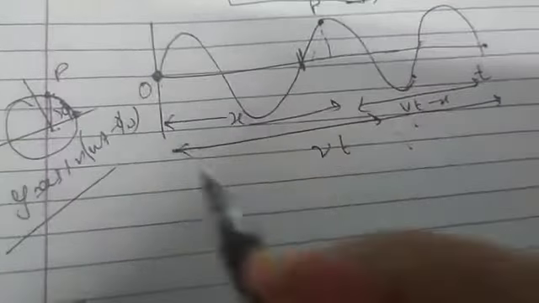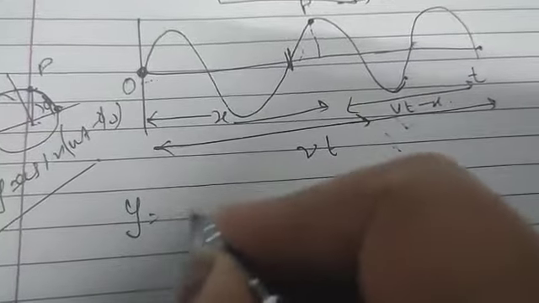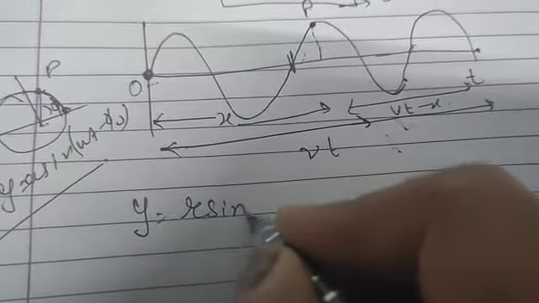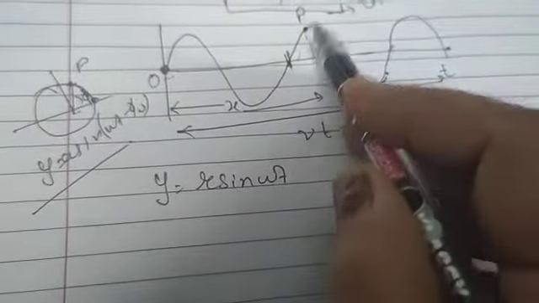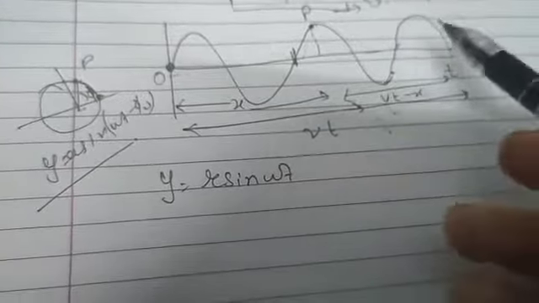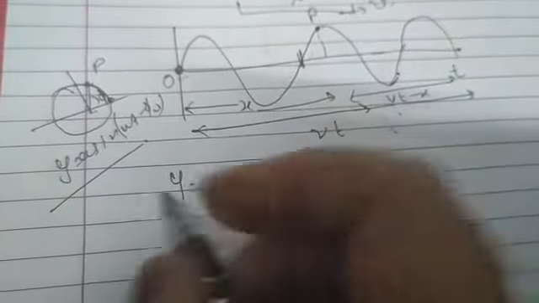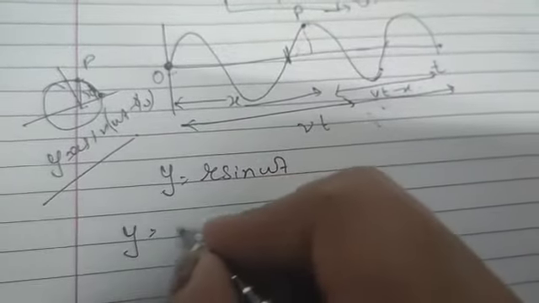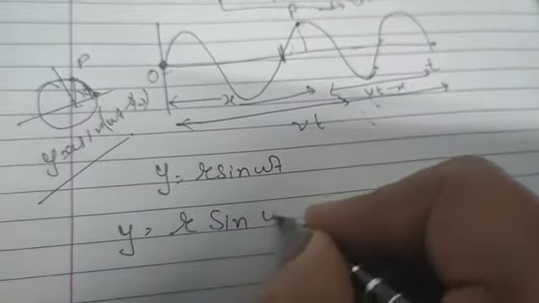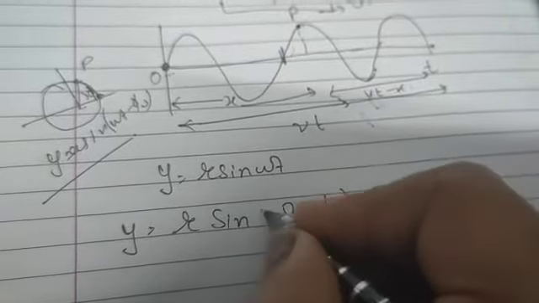Clearly, if the particle is at position O, the y equation is given by r sine omega t. We have already studied this in our previous chapter. Now since the particle at P is facing some phase lag of, suppose, phi, compared to the particle at O, the equation at that point can be written as r sine (omega t minus phi).